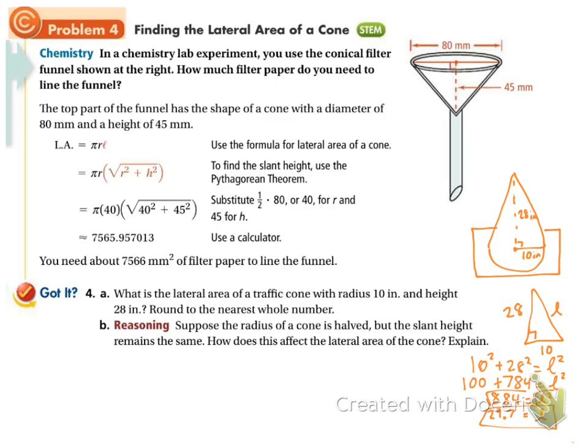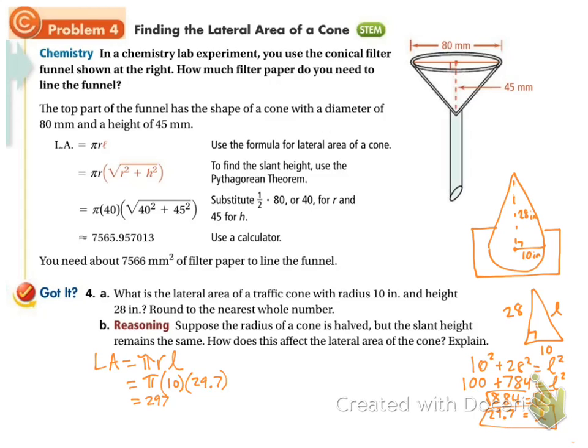They just want the lateral area, so lateral area is equal to pi RL. Pi, we were given the radius at the beginning, right, 10, and we just solved for our L, our slant height, so 29.7. It wants us to round it to the nearest whole number. I'm going to write my answer in pi first.